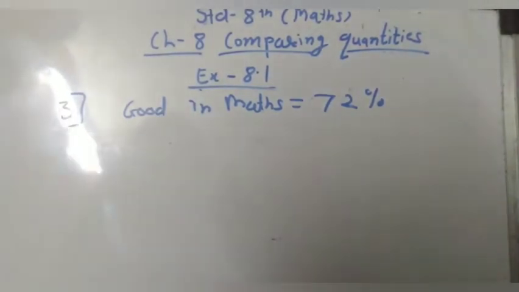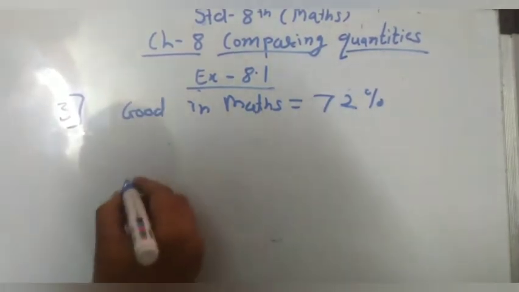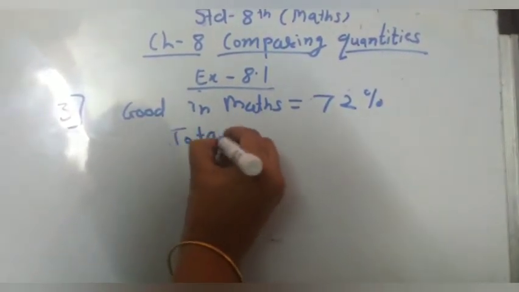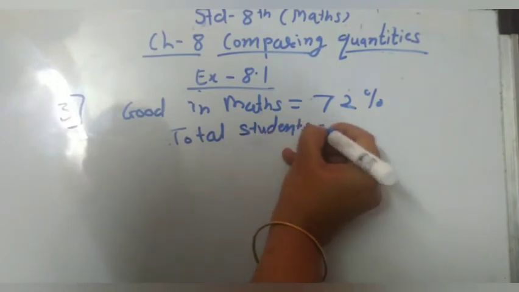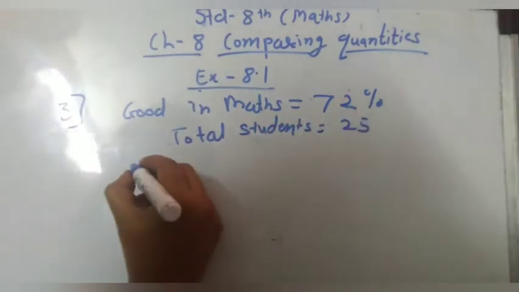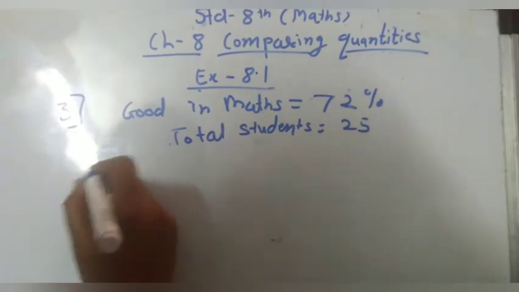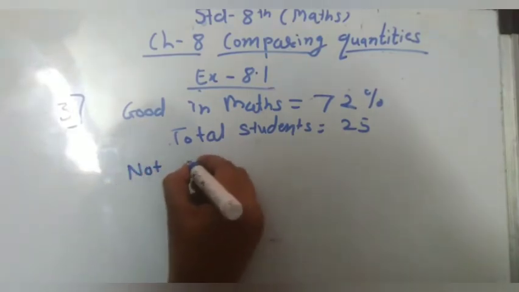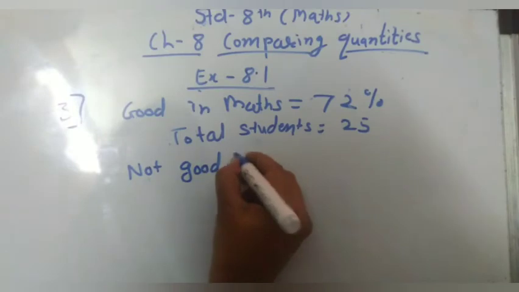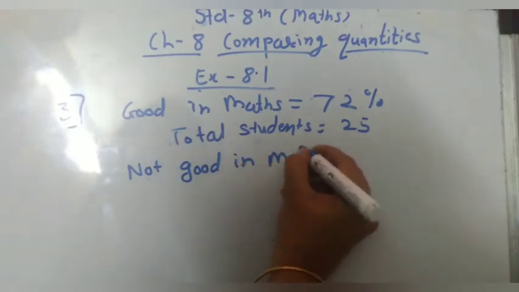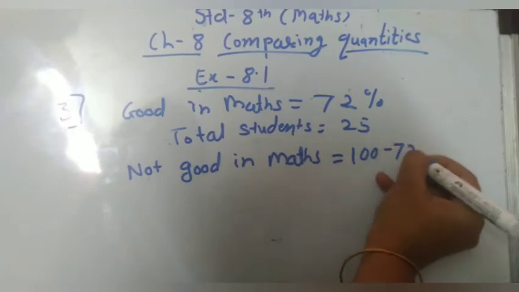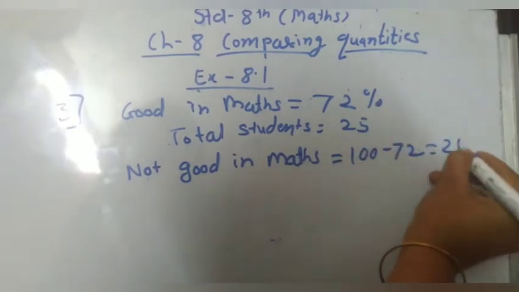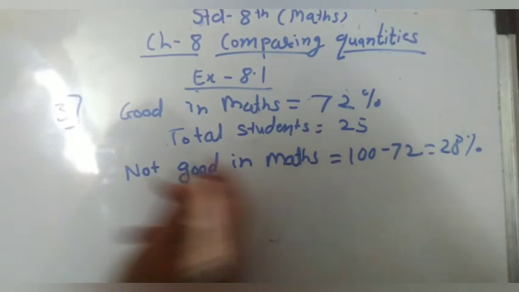72% of 25 are good in maths. Total students equals 25. And students not good in maths: out of 100, 72% are good in maths, so 28% students are not good in maths.